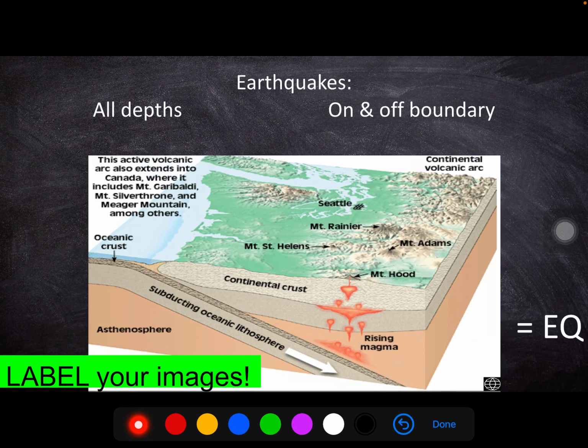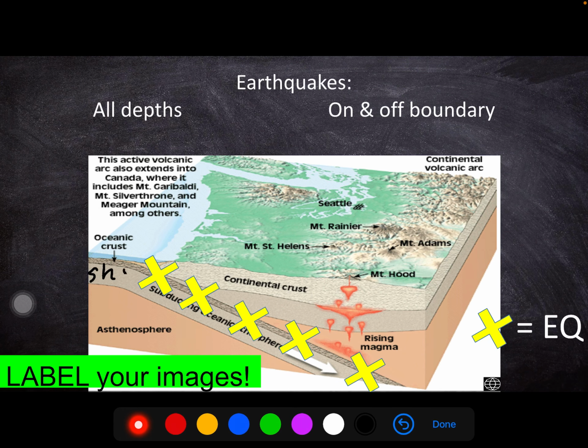Earthquakes, of course, are happening at every plate boundary, but as you've guessed it, subduction does have an impact on the types of earthquakes happening here. Again, my subducting plate is being pulled down by my moving mantle material and the collision of these plates. And earthquakes, of course, happen all along any moving crust. So because that plate is being pulled downward, the earthquakes are happening at every stop along the way.